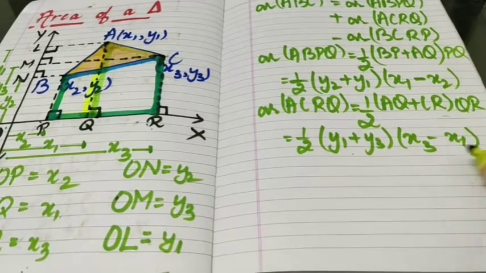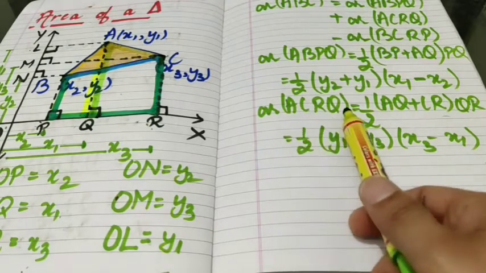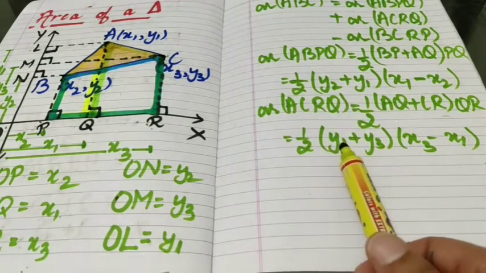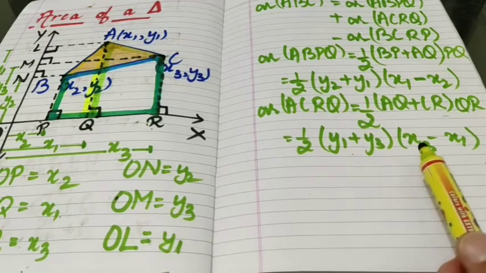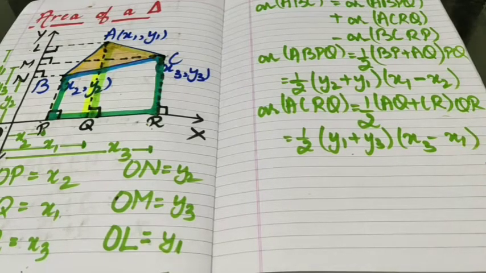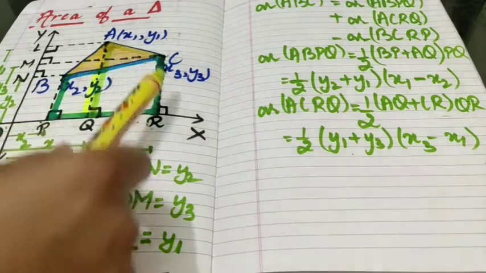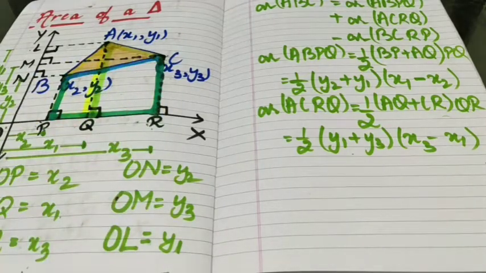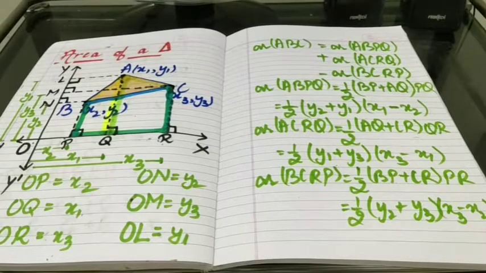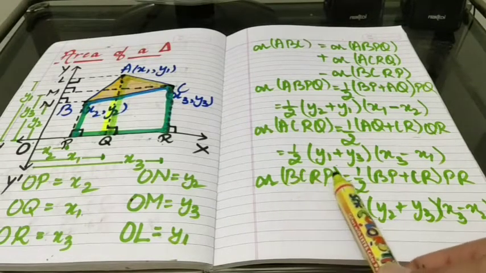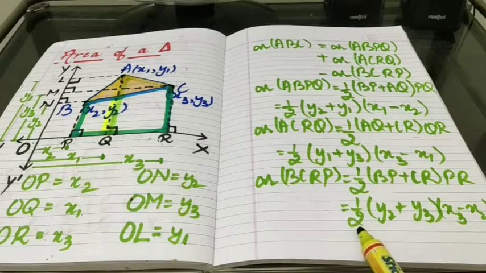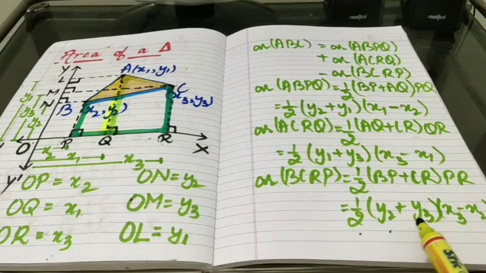That is how the area of trapezium ACRQ becomes half into y1 plus y3 into x3 minus x1. Similarly, the area of trapezium BCRP will be half into y2 plus y3 into x3 minus x2.